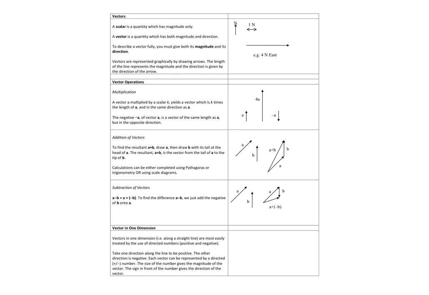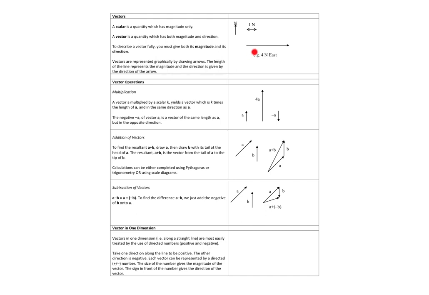And we represent a vector with an arrow where the length of the arrow represents the size or the magnitude, and the direction of the arrow indicates the direction that the quantity is acting in.